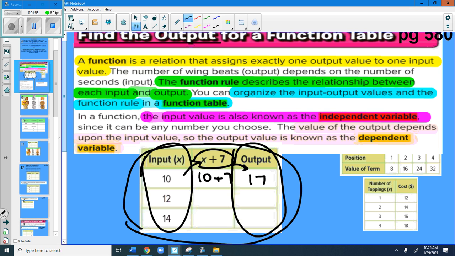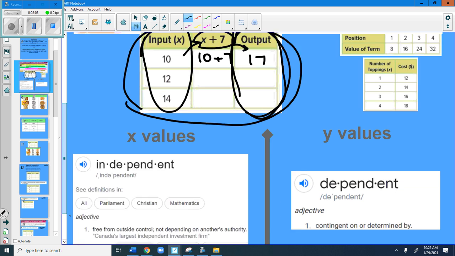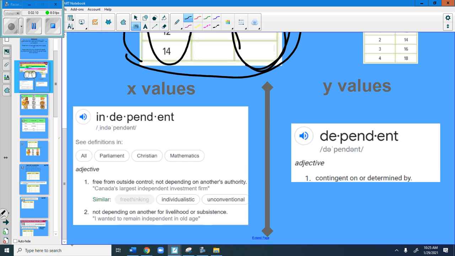Yes, right here. The output value is also known as dependent. Let's think about what those words mean by looking here. The independent variable, I like this one right here, is not depending on anything else, essentially. The independent variable doesn't depend on anything else. You can put whatever you want in there.